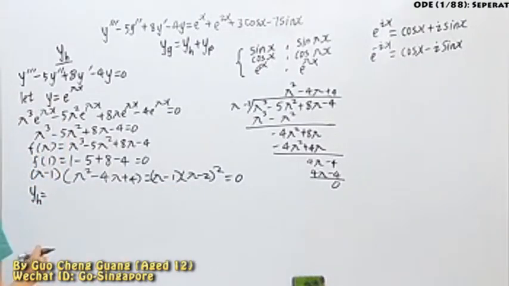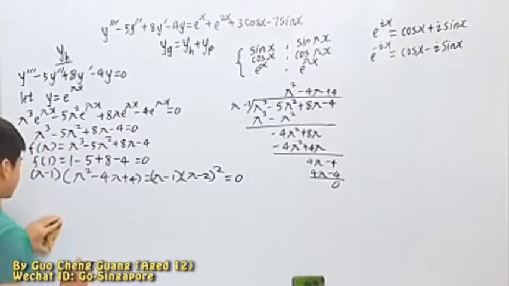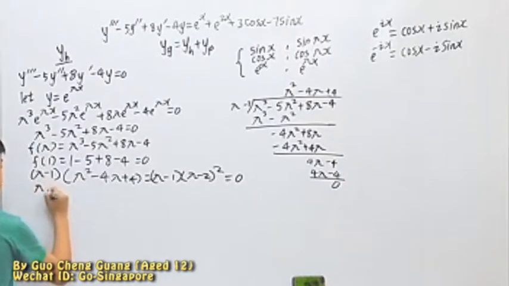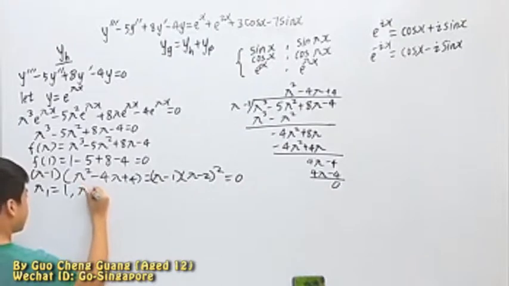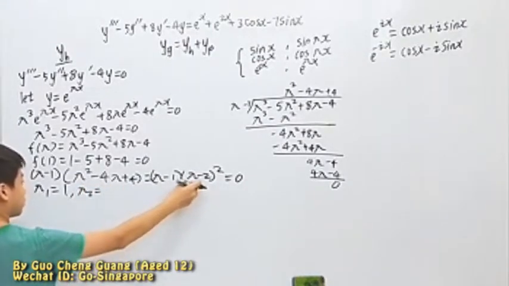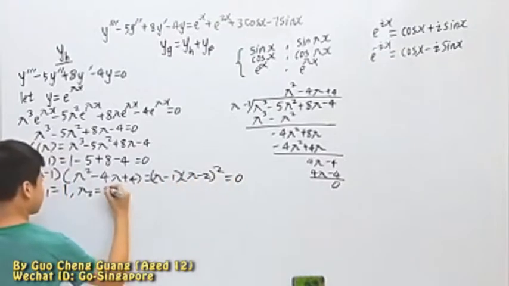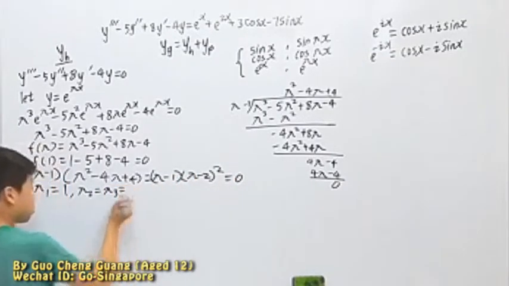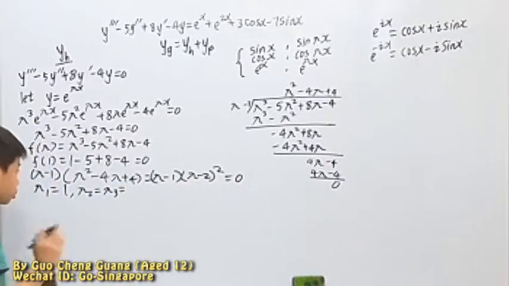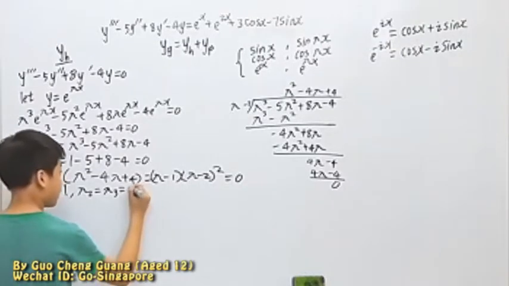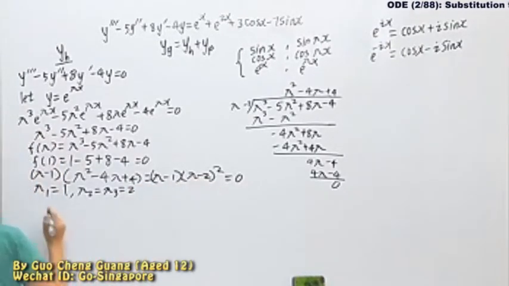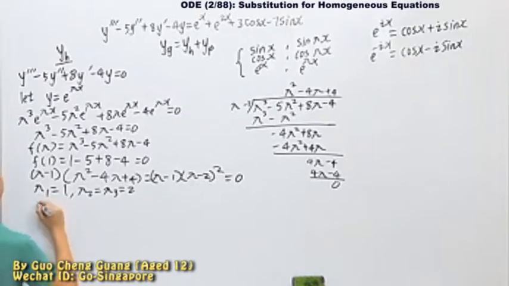But you also have to know what these lambdas are. First solution, you get here, 1. How about the second solution, or the second root? You have two of these, so it's the same as the third root, and they're both 2.